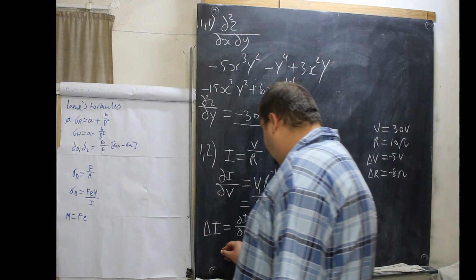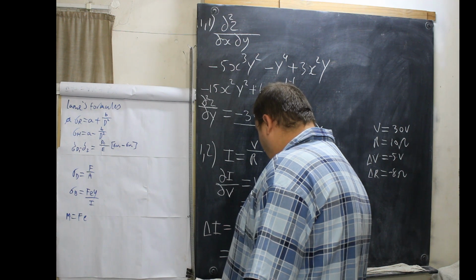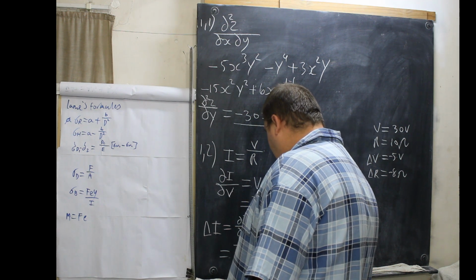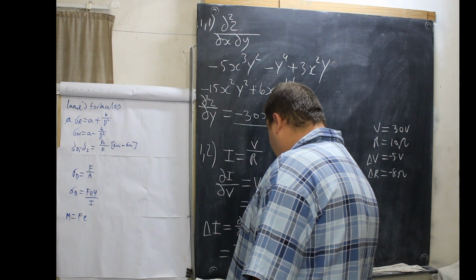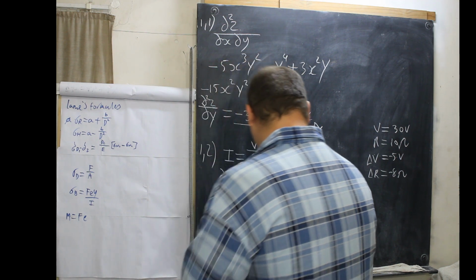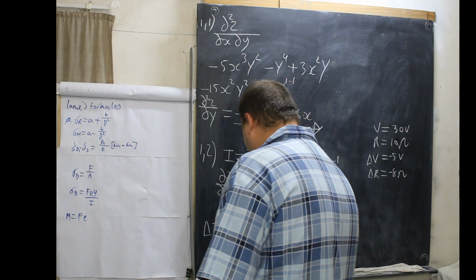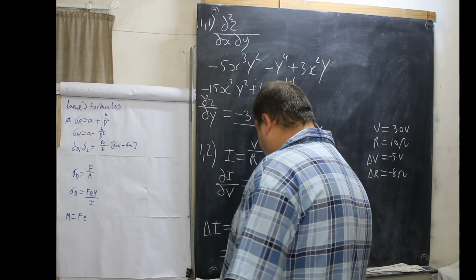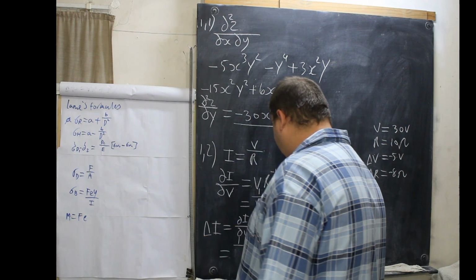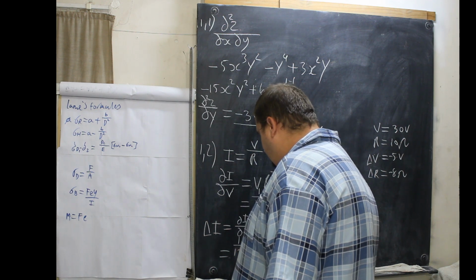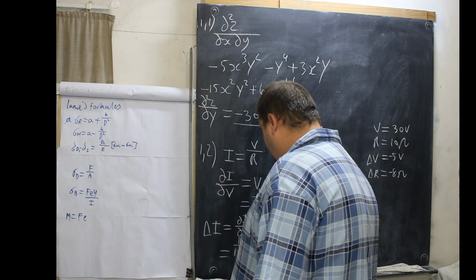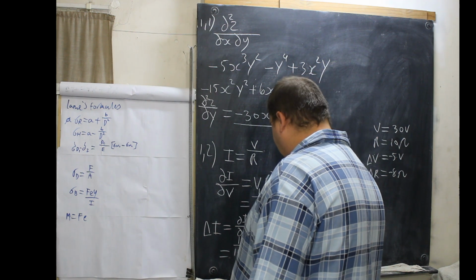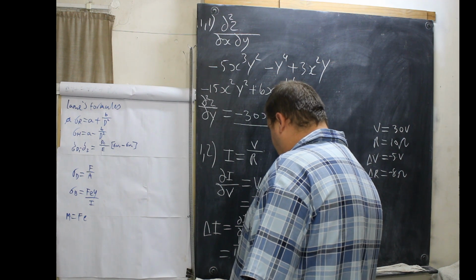Right, so what we do now is say 1 over R times the change in V. What is R? R is 10 ohms, so it's 10, and change in V is minus 5.